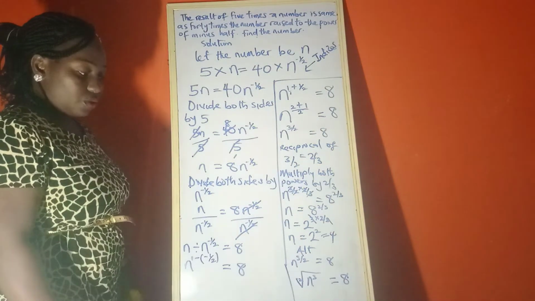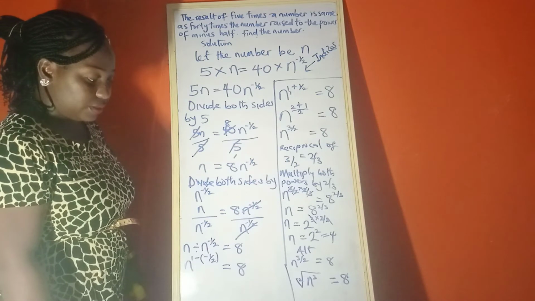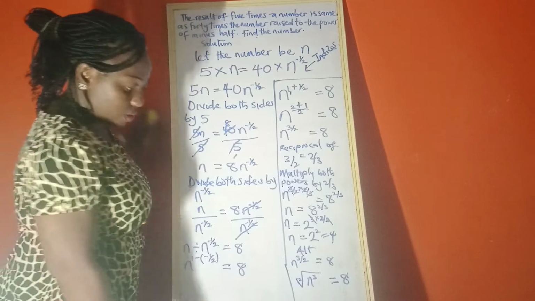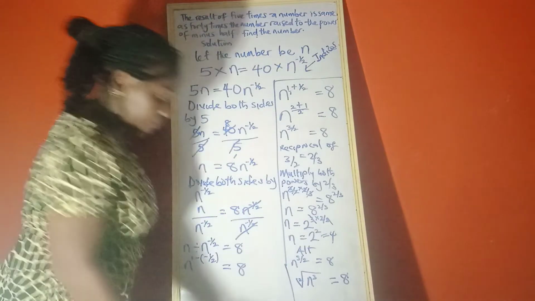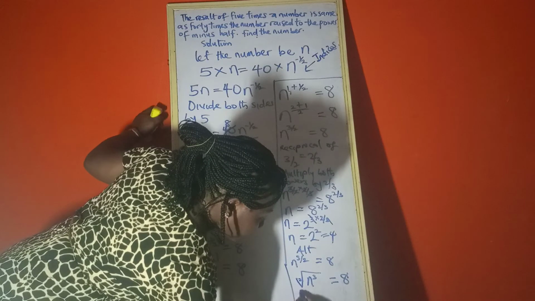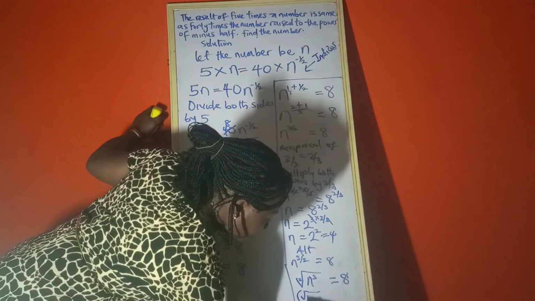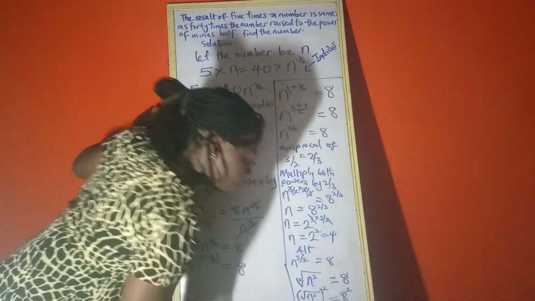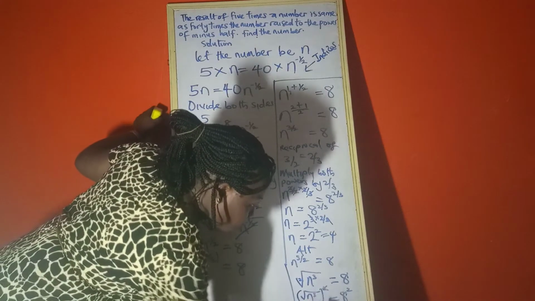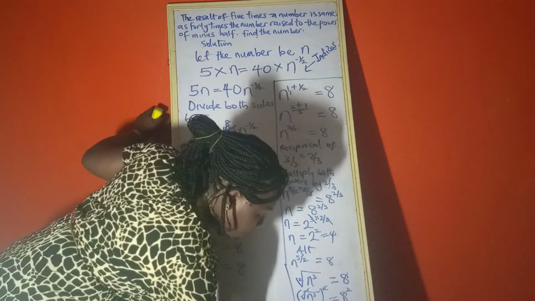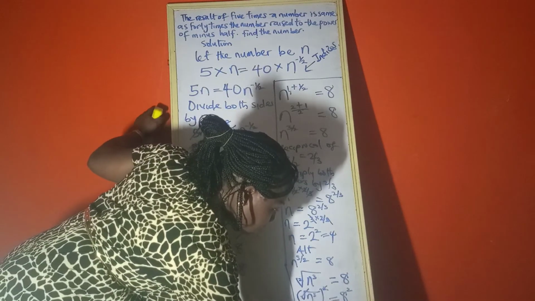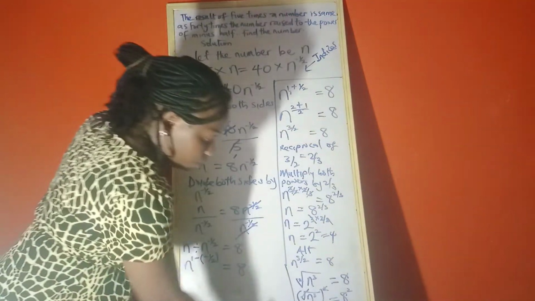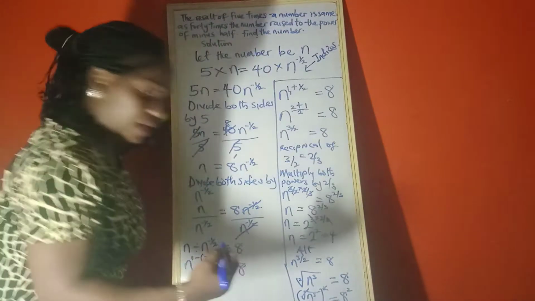It's the same thing. So what I'm going to be doing is I'm going to square both sides. By squaring both sides, I have square root of n cube squared equals to 8 squared. And so therefore the square root and the square cut out. I'm left with n cube equals to 64 because 8 raised to power 2 is 64. And the next I'm going to do here is to cube root both sides.